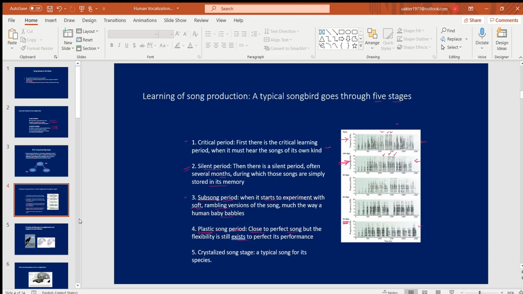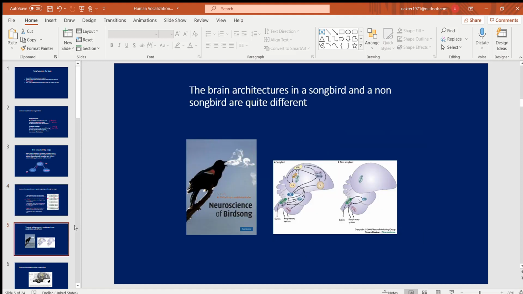That would give you a good idea how different brain structures work at different stages and perform different functions.